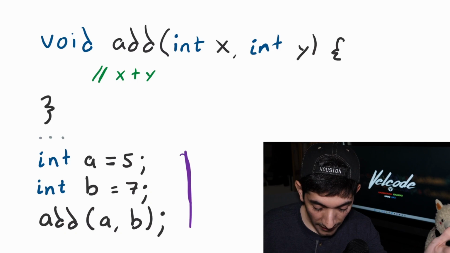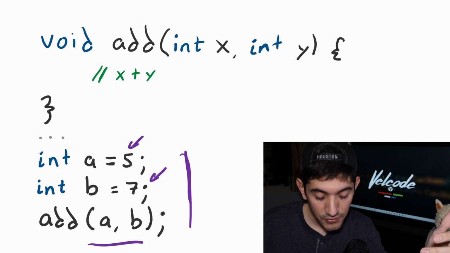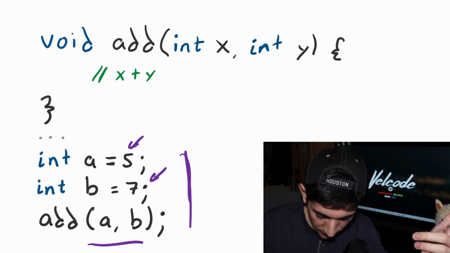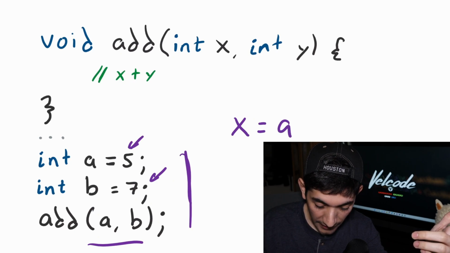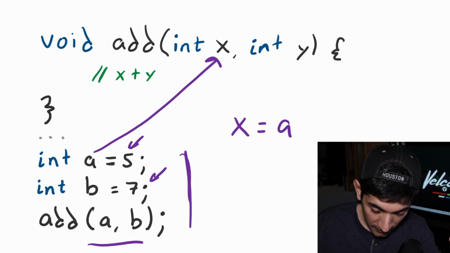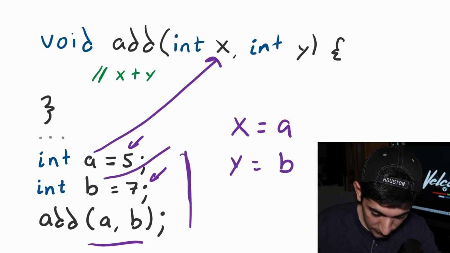So I create a variable called a, we assign the value 5, and then I have a variable called b that I assign the value 7, and then I pass them to the add function. Now, what you will notice here is that the value of x gets assigned the value of a. So a goes into x, and then the value in y gets assigned the value of b, so b goes into y.